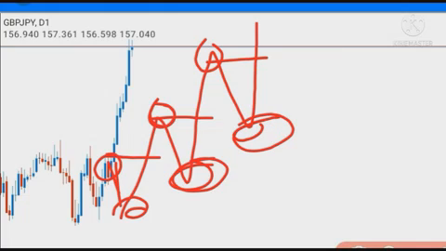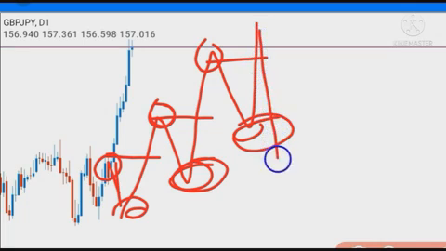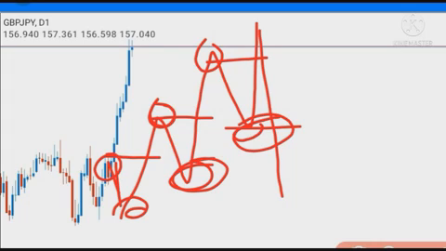Now, if price suddenly turns and starts making this kind of movement, and now price breaks below this previous higher low here, it signals to us, the traders, that there is a potential change in trend.